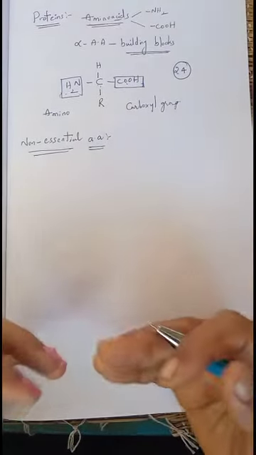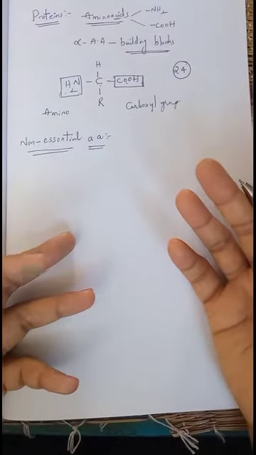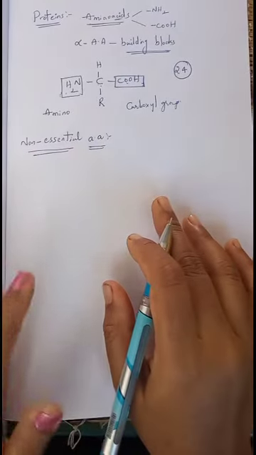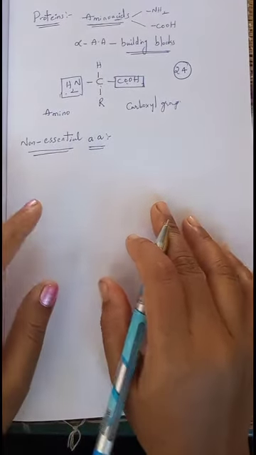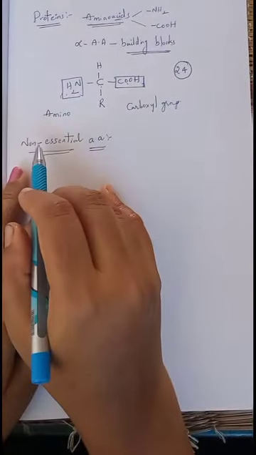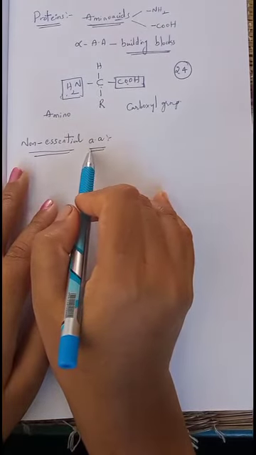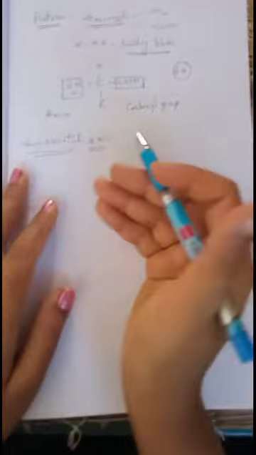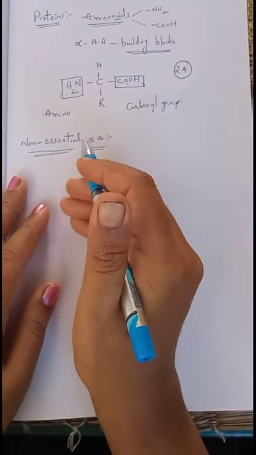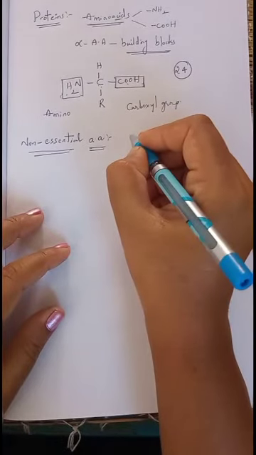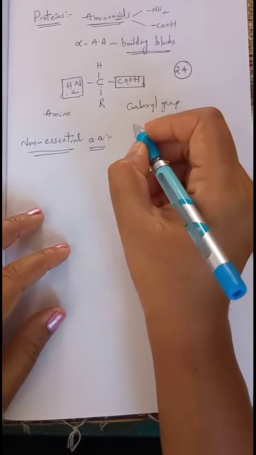Then why do we need to take them through external food? They are not essential to take through the diet because they are synthesized in the human body itself. Such amino acids are said to be non-essential amino acids. They are synthesized in the body, and need not be taken through the diet. There are totally 10 non-essential amino acids.